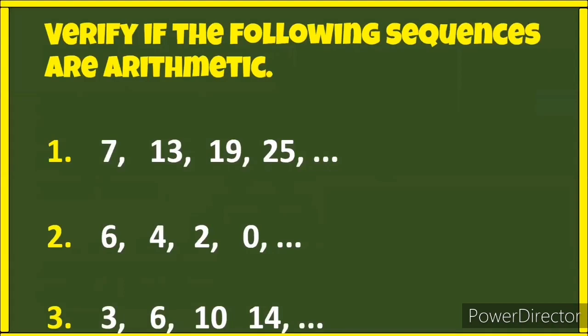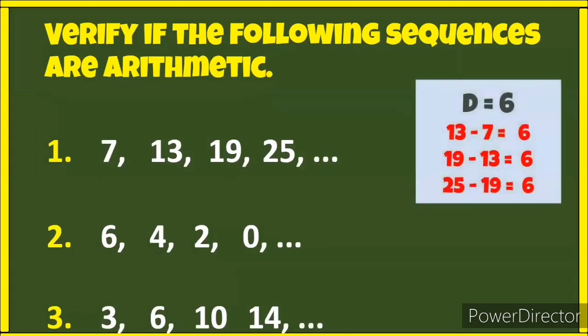Let's subtract consecutive terms. 13 minus 7 equals 6. 19 minus 13 equals 6. 25 minus 19 equals 6. Therefore, the common difference is 6. And it is an arithmetic sequence.